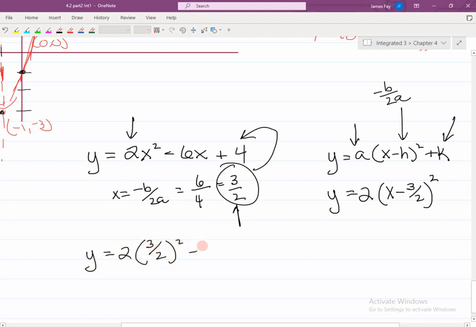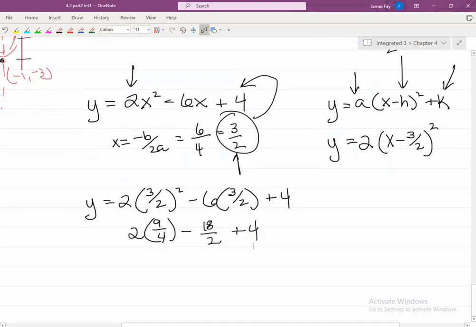The thing that stinks about this is the fractions. I get that. Now, the fractions aren't all that terrible because this goes to 9/4 times 2 here. This is going to give me 18 over 2 when I multiply those, plus 4.